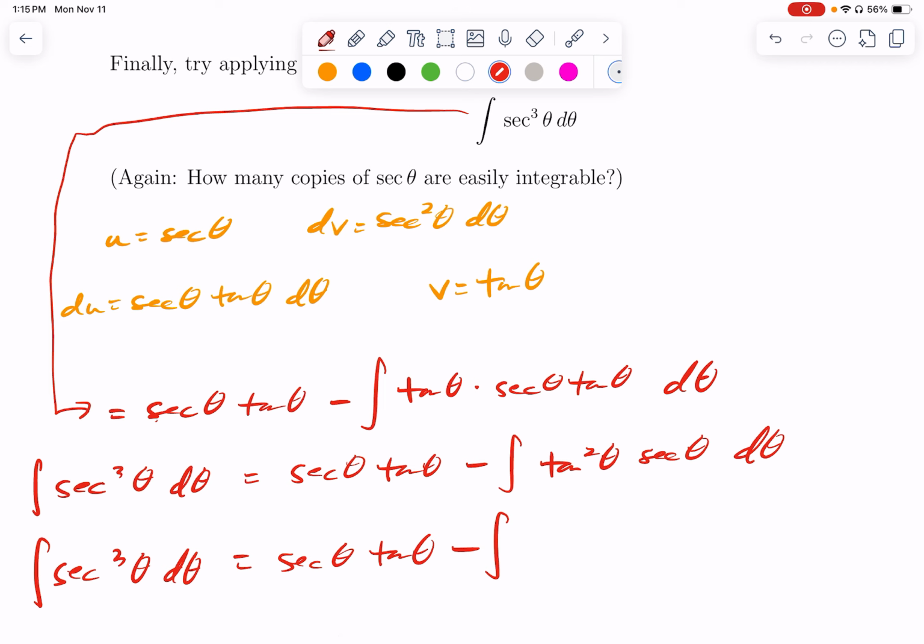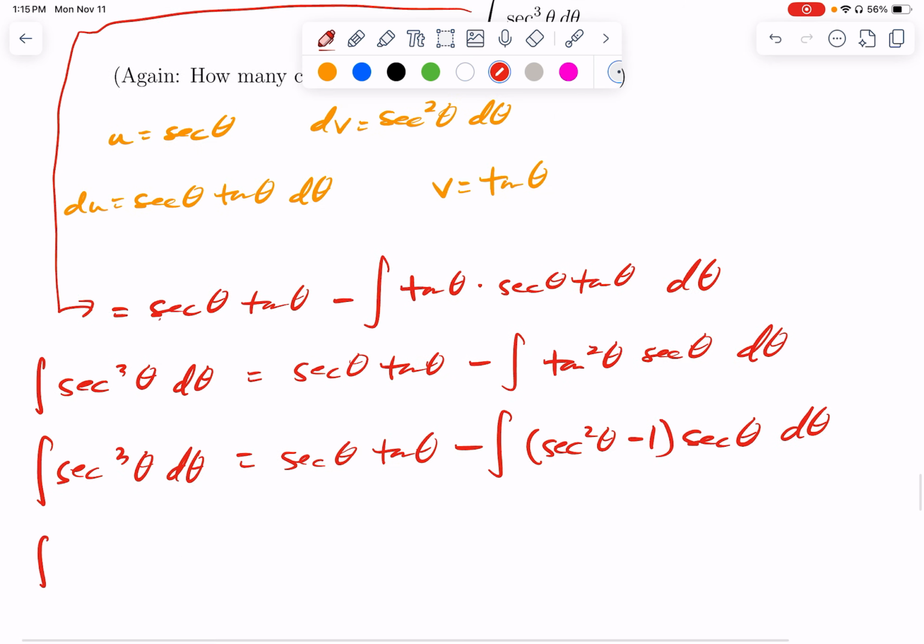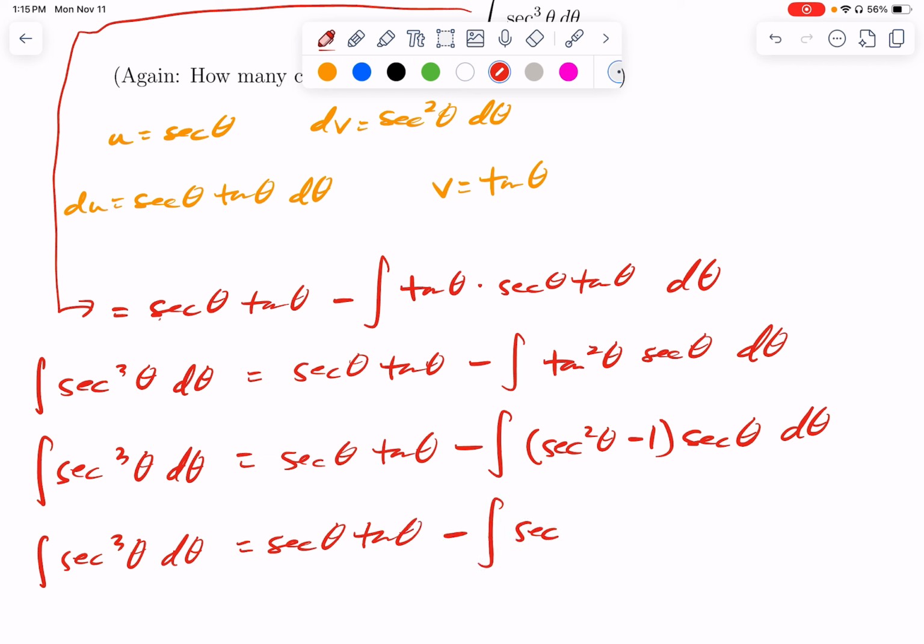Tangent squared theta is the same as secant squared theta minus 1. So I have the integral of secant cubed theta d theta equals secant theta tan theta minus the integral of secant cubed theta after I distribute, minus secant theta.